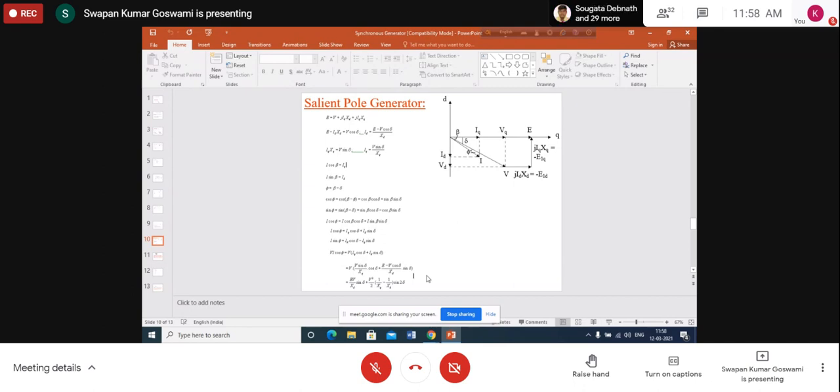I shall have dP/d delta value for the salient pole type machine, which will have the value EV by Xd cosine delta plus V square by 2 times (1 upon Xq minus 1 upon Xd) cosine of 2 delta. This value you will have. Means dP/d delta, or synchronizing power coefficient, or stiffness value for salient pole machine will be somewhat higher than the cylindrical rotor type machine. Am I clear? বুঝতে পারা গেল?